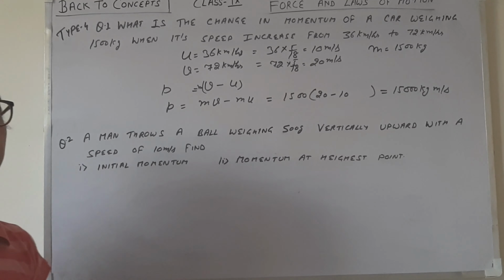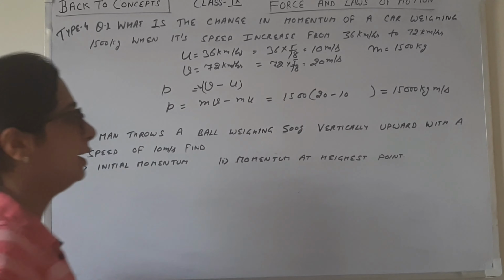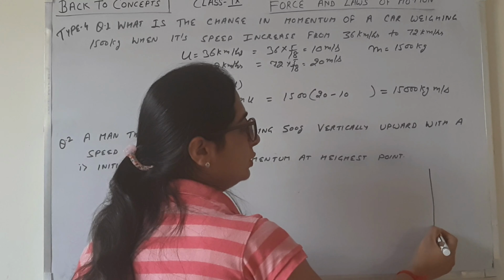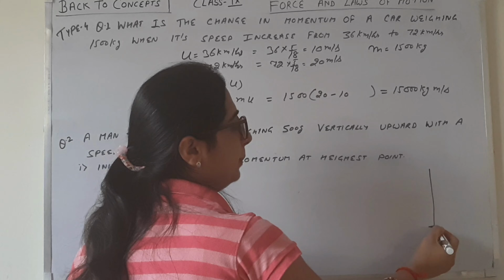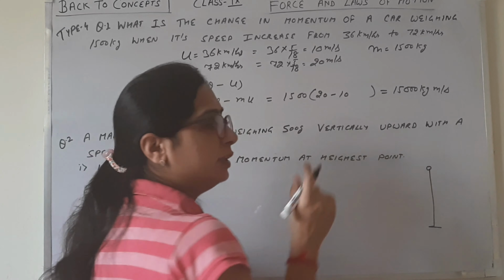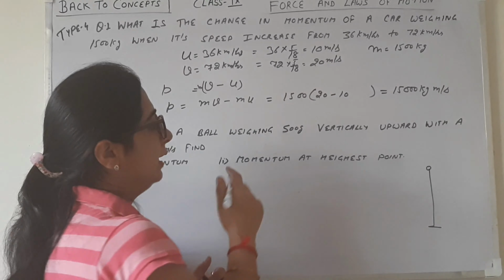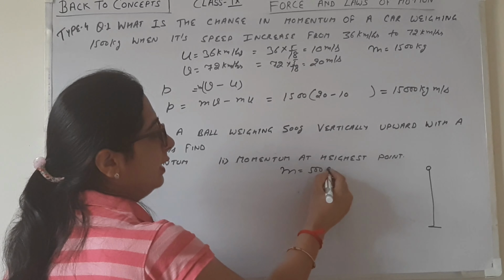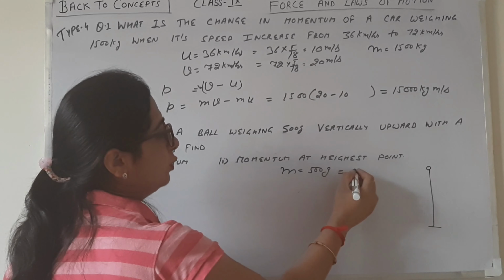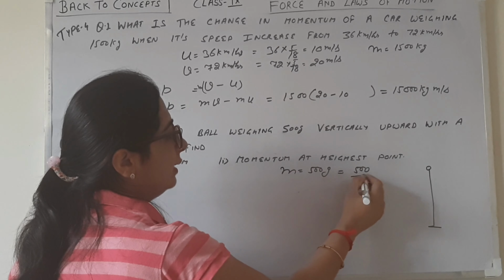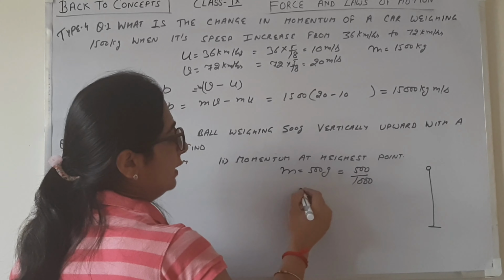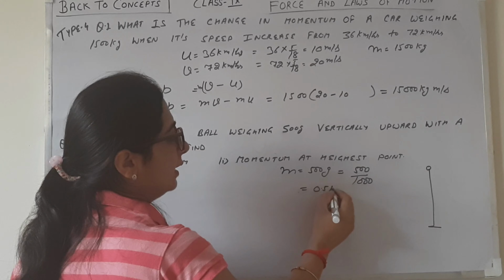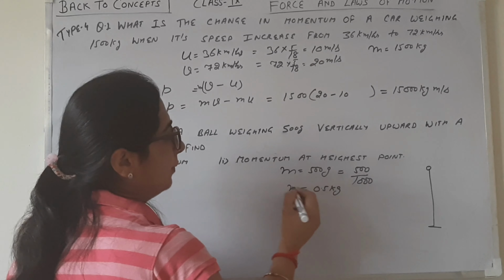A man threw a ball weighing 500 grams. Suppose the ball is going up to this point. The mass of the ball is equal to 500 gram, that is equal to 500 divided by 1000, that is equal to 0.5 kilogram.